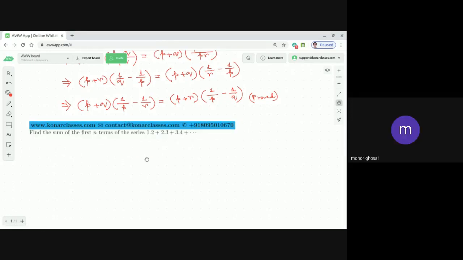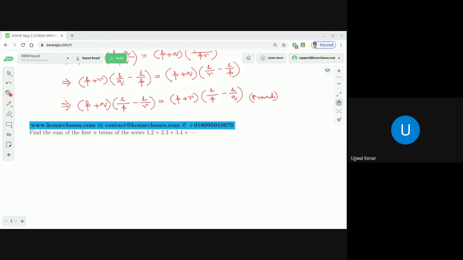But we should proceed, otherwise we will not be able to make enough coverage. Is this question done by everyone? Okay, great.